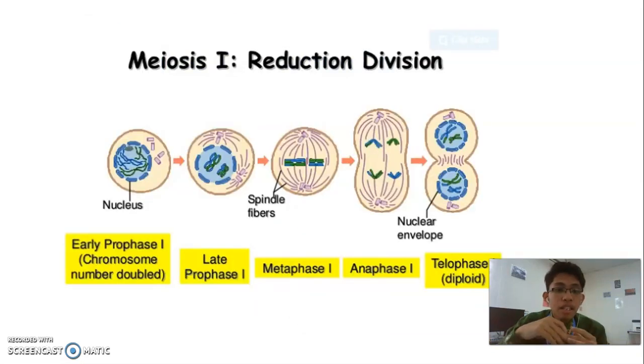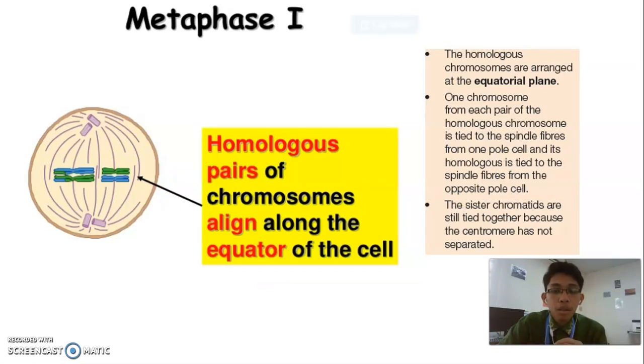Okay, so basically, when in Prophase I genetic materials are exchanged, after prophase we go to metaphase 1, anaphase 1, and telophase 1. So for metaphase 1, you need to remember the difference between mitosis and meiosis.